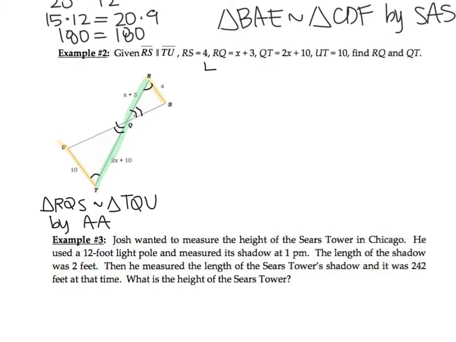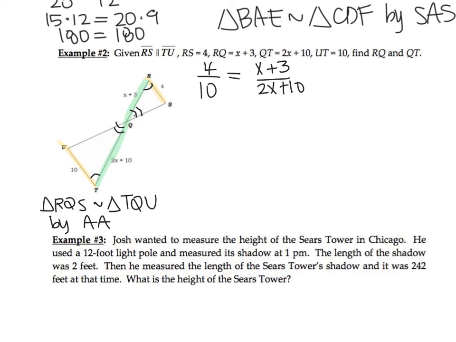So we know that RS corresponds to TU, so we have 4/10. And then we know that RQ, which is x plus 3, will correspond to TQ, which is 2x plus 10. So I have my proportion that I'm going to use cross products to solve.